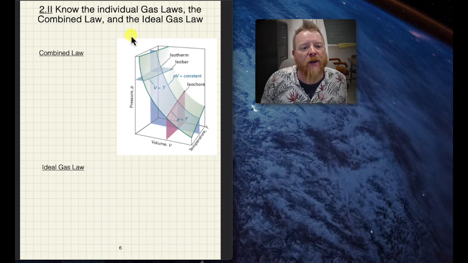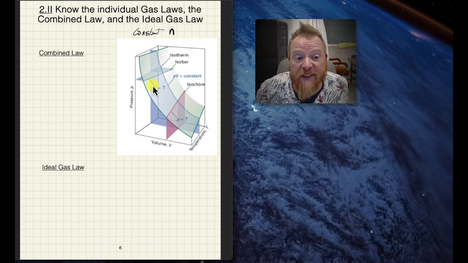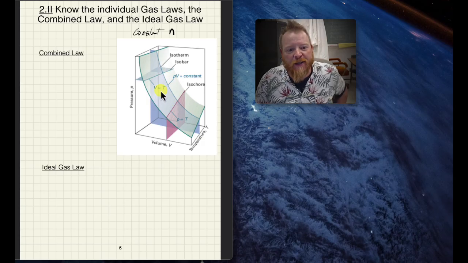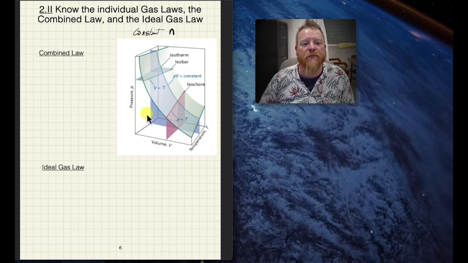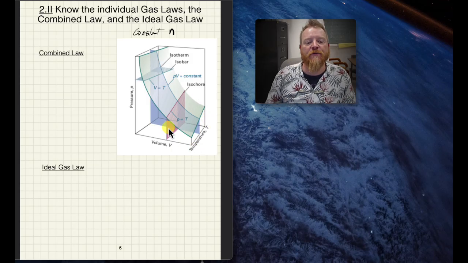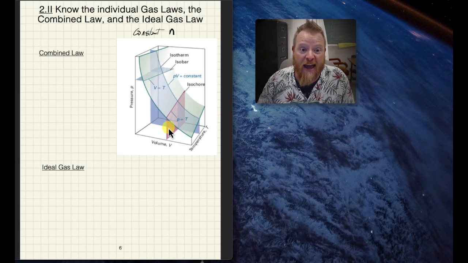So now if we hold number of moles constant, we can create this map, really, if you like, this three-dimensional graph of pressure, volume, and temperature. And if we look at various aspects of this, we can tease out the different gas laws.